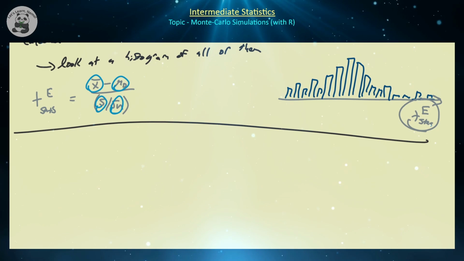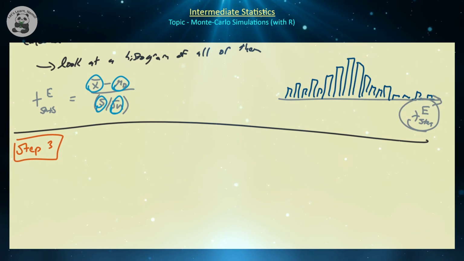Now, once we have that, we're going to calculate our empirical critical value or our empirical p-value in order to compare to our particular test statistic. So this is the final and last step of the Monte Carlo process.